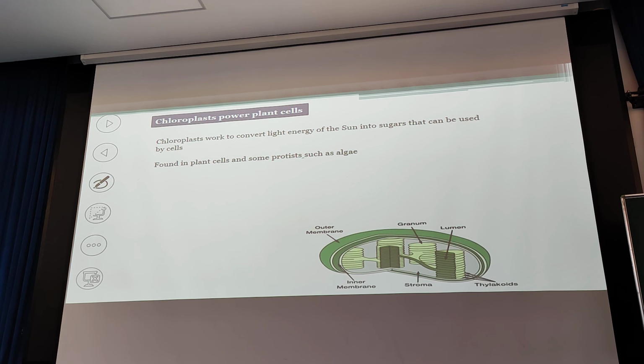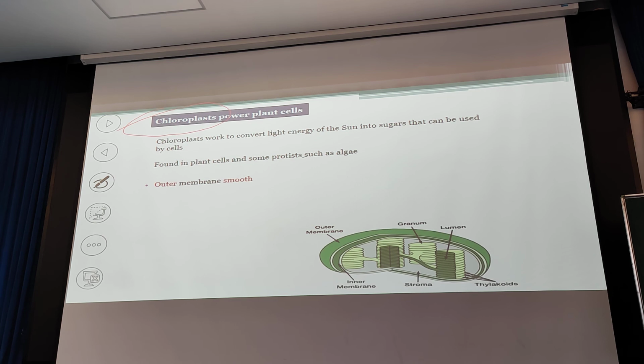Another type of organelle I want to introduce is the chloroplast, in plant cells. Lục lạp. The chloroplasts work to convert the light energy from the sun into sugar, so they can be found in plant cells and some protists, such as algae.